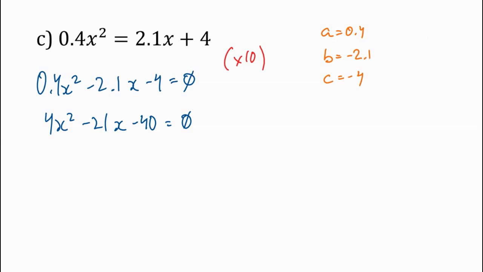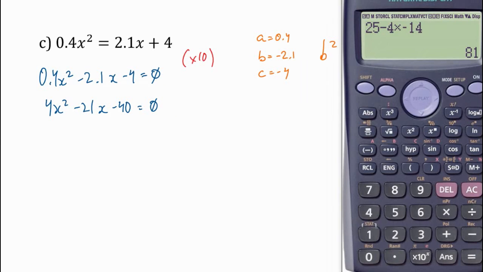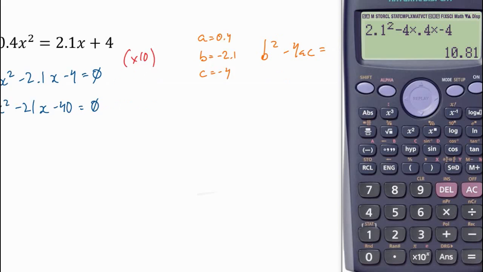And I could do B squared minus 4AC on that. So, negative 2.1 squared minus 4 times 0.4 times negative 4. 10.81.